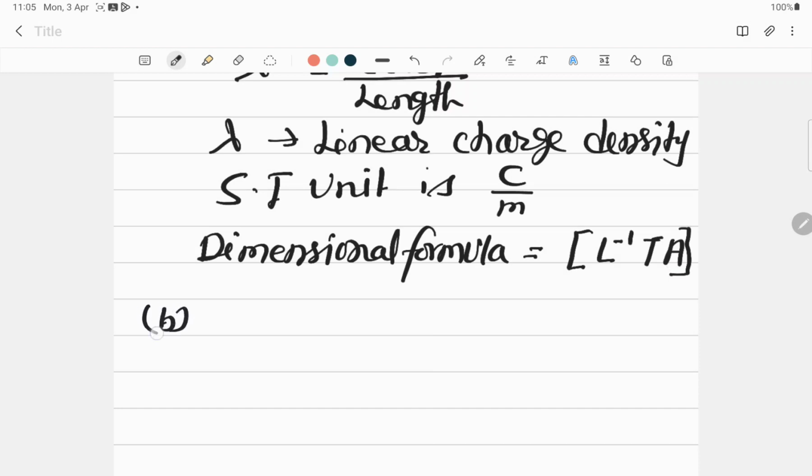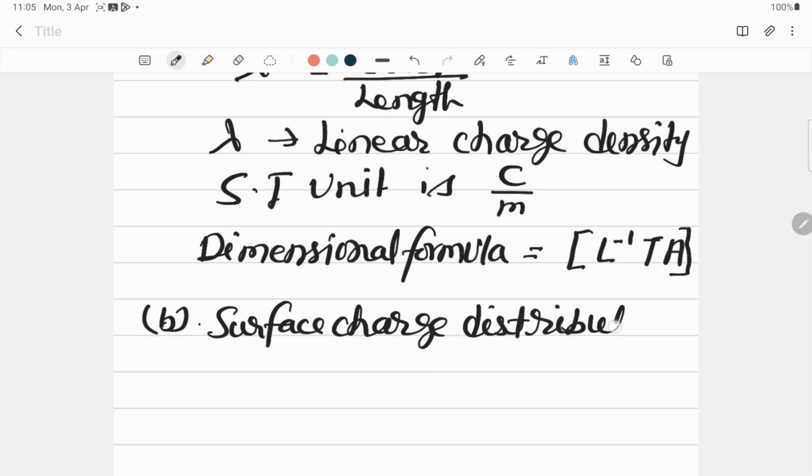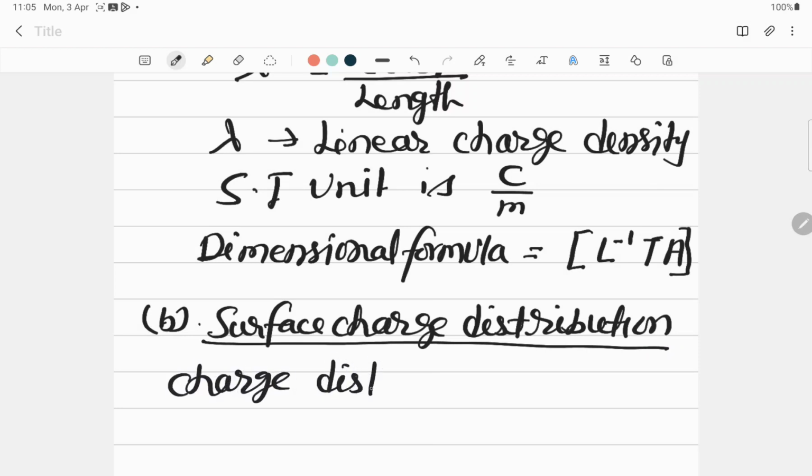Now the second one is the surface charge distribution. Charge distribution on a surface means charge distributed on a surface.